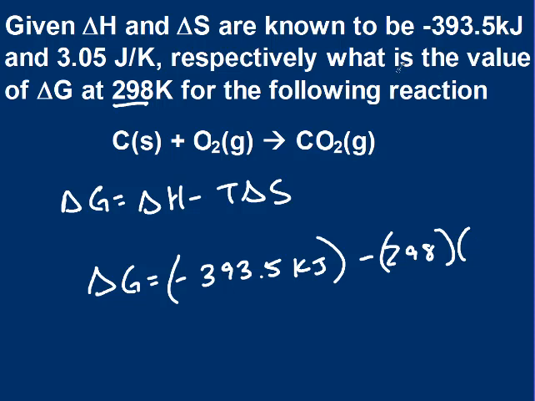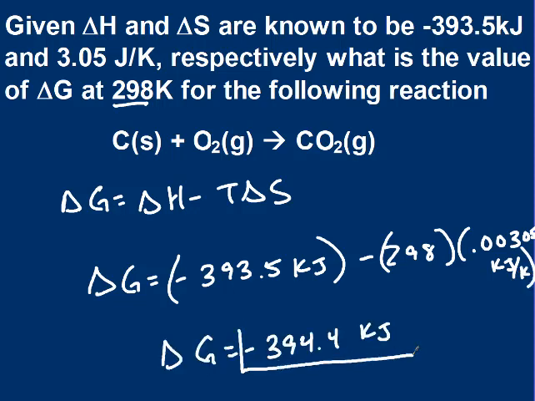Times our delta S. And our delta S we need to convert to kilojoules, so dividing by 1,000. I get 0.00305. So my delta G is negative 394.4 or negative 394.